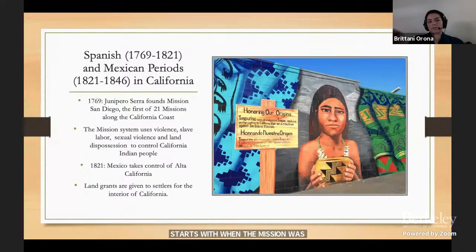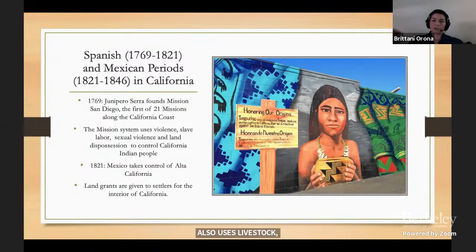The mission system was really devastating to California Indian cultures along the California coastline and inward. It used violence, slave labor, and forced conversion to Catholicism. There are accounts of sexual violence and land dispossession. The Spanish mission system also used livestock and agriculture, which really changed the indigenous landscape.